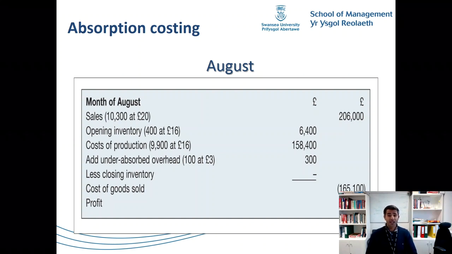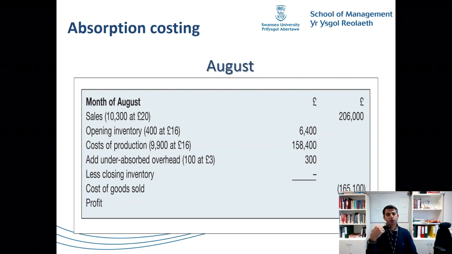If they produce 10,000 units or they produce 9,000 units, they still pay that £1,000 rent every day. Regardless of whether they are over or under absorbed, we need to reach the actual cost of 10,000 units times £16. In this case, we are under absorbed, right?